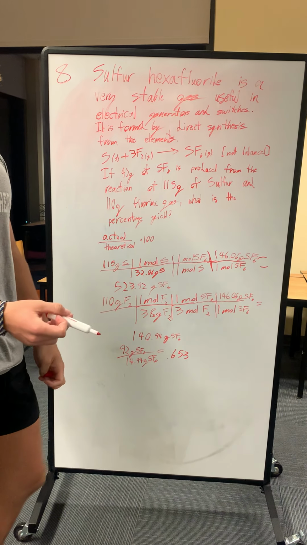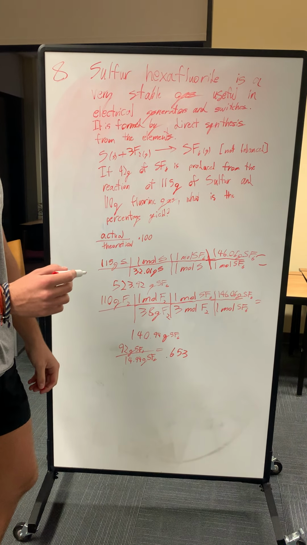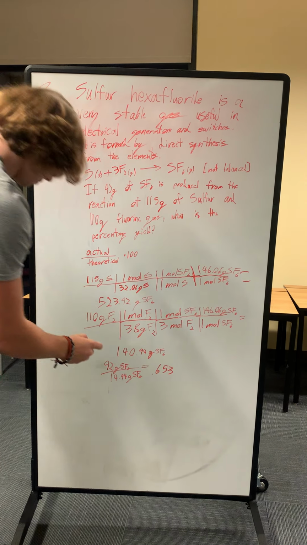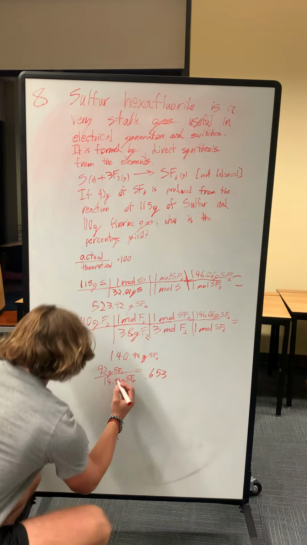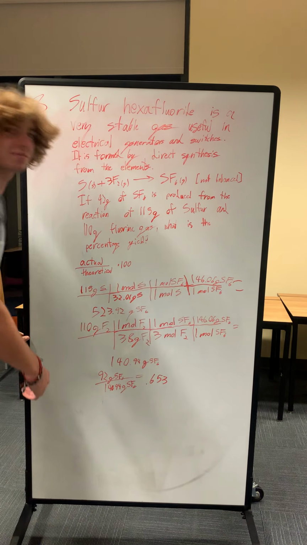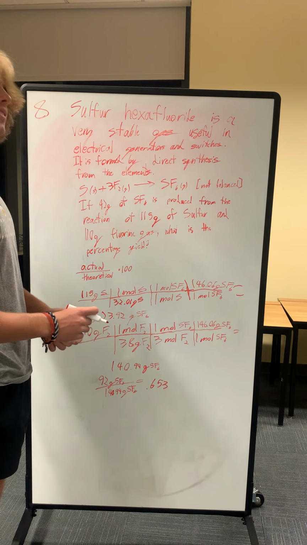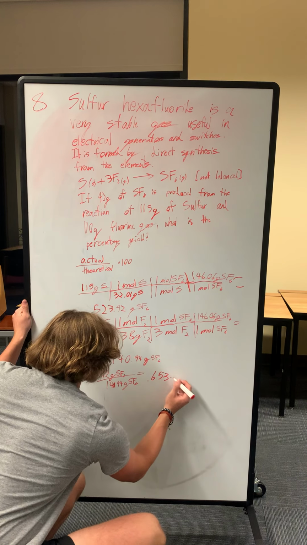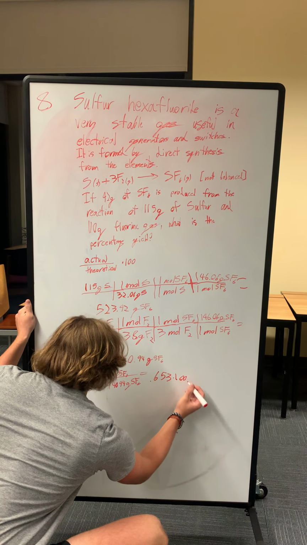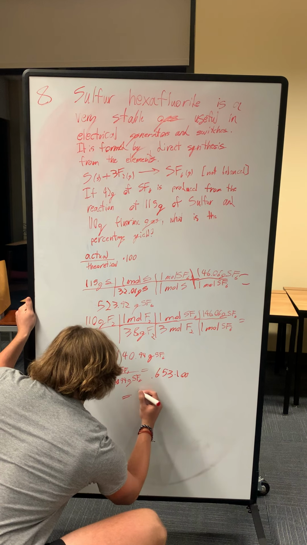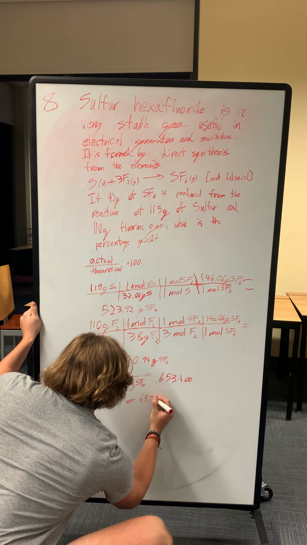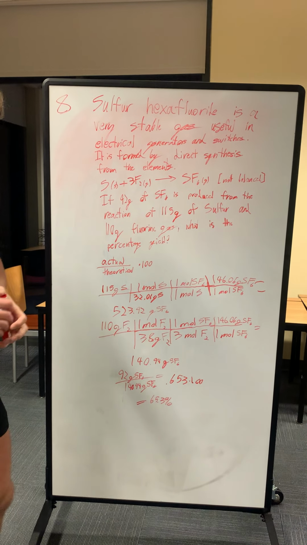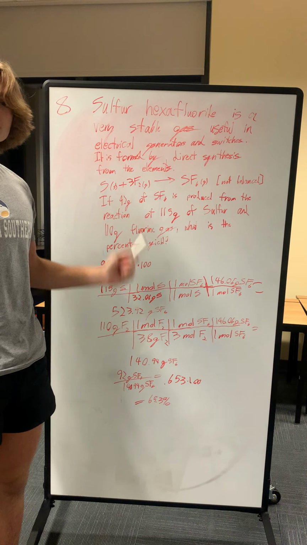Now you multiply it by 100, so you can get the percent yield. That is equal to 65.3%. All right, and that's how you get the percent yield of this problem.